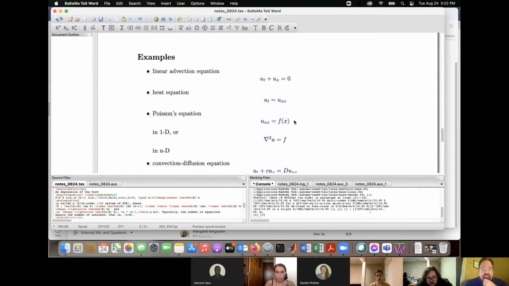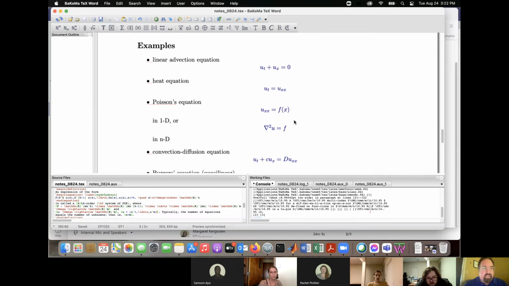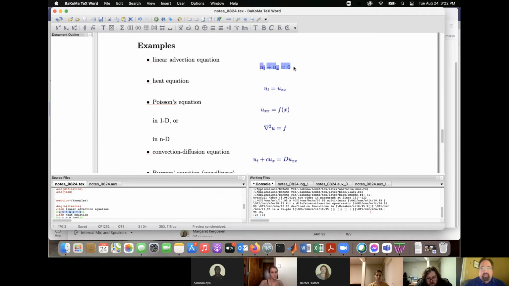Okay. Here are a bunch of examples of well-known PDEs, some of which you've seen, some you may not have. So here we have what's called a linear advection equation. Notice it has first derivatives with respect to t and x.